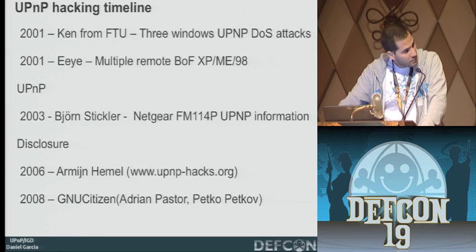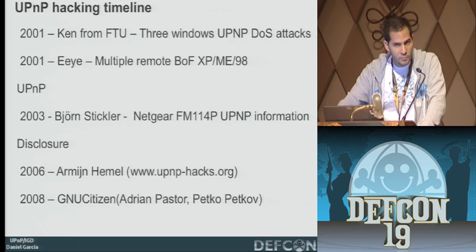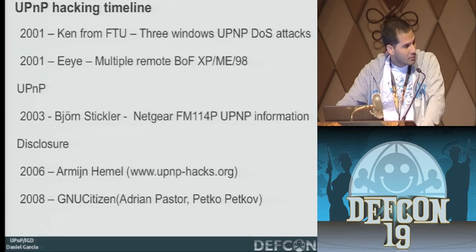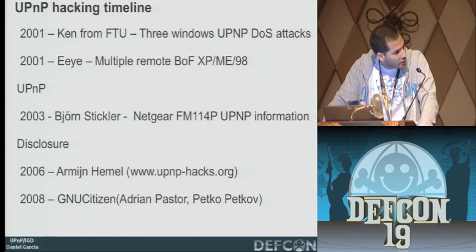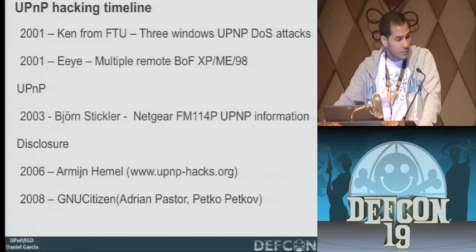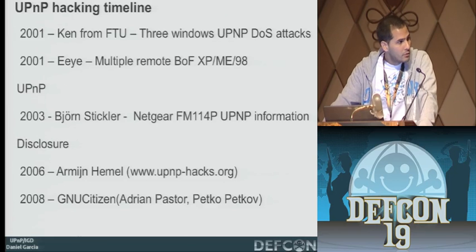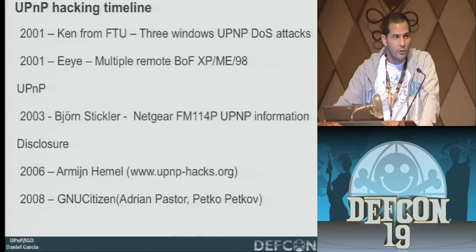Then in 2003, Bjorn Stickler talked about UPnP information disclosure. Now, there's not a lot of information that's being thrown out by UPnP, but it's enough. It's not that good. You'll see with the demo how much information we can get. And then in 2006, Armin Hemel, that's a typo with the L missing, started publishing UPnP facts on the site upnphacks.org.